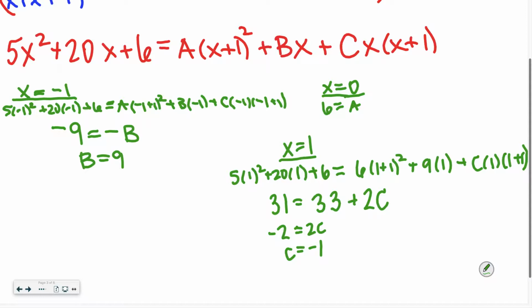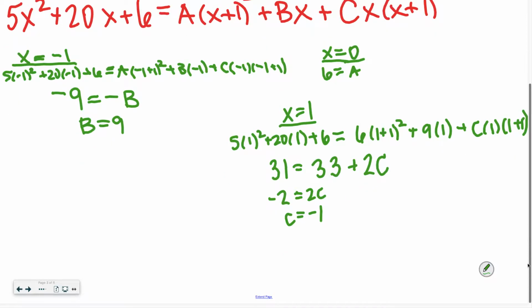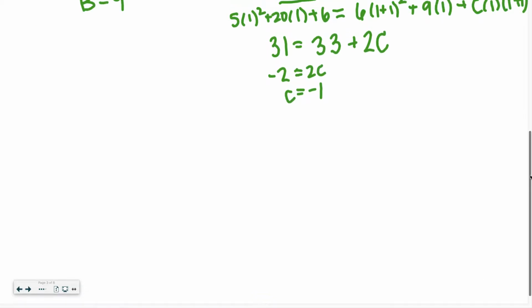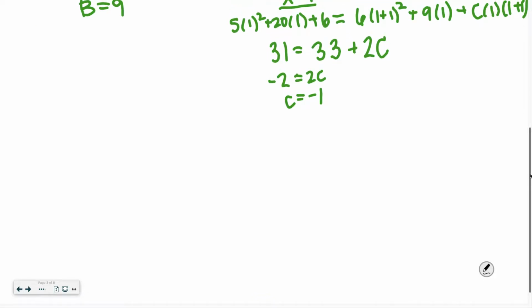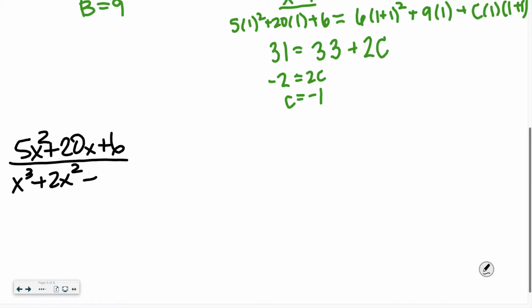Reagan, coming back to your question, if you set it up the way that you are saying, your B would be the negative 1 that we just found. Hey, we have all of our constants. Now we can come back to how we set it up. Our original problem was 5x squared plus 20x plus 6 over x cubed plus 2x squared plus x.